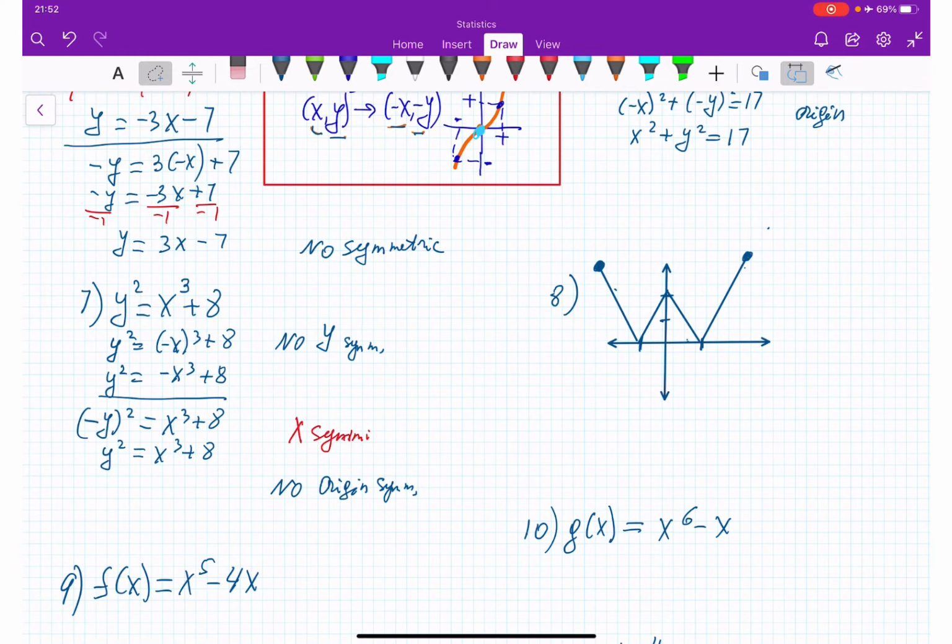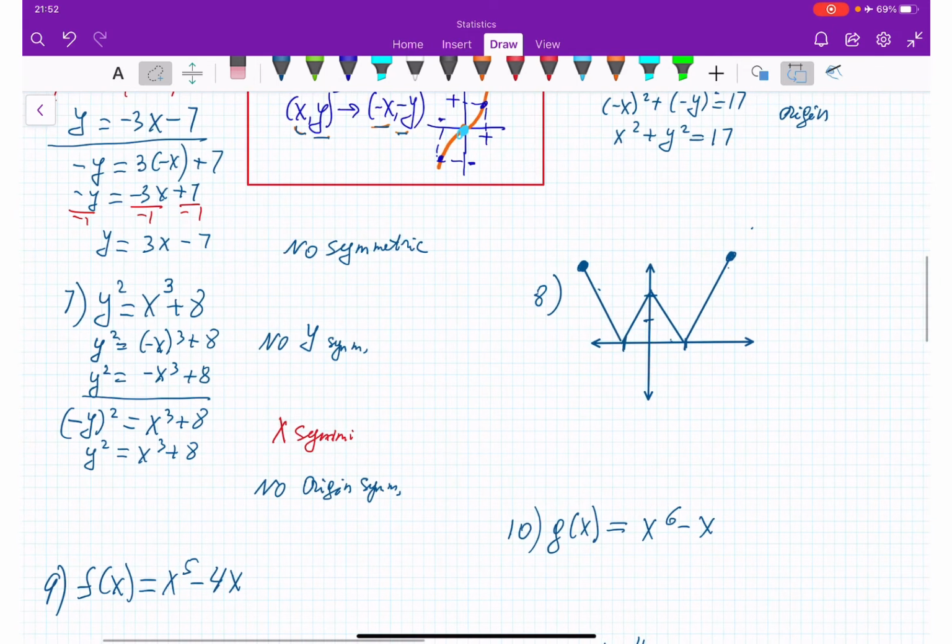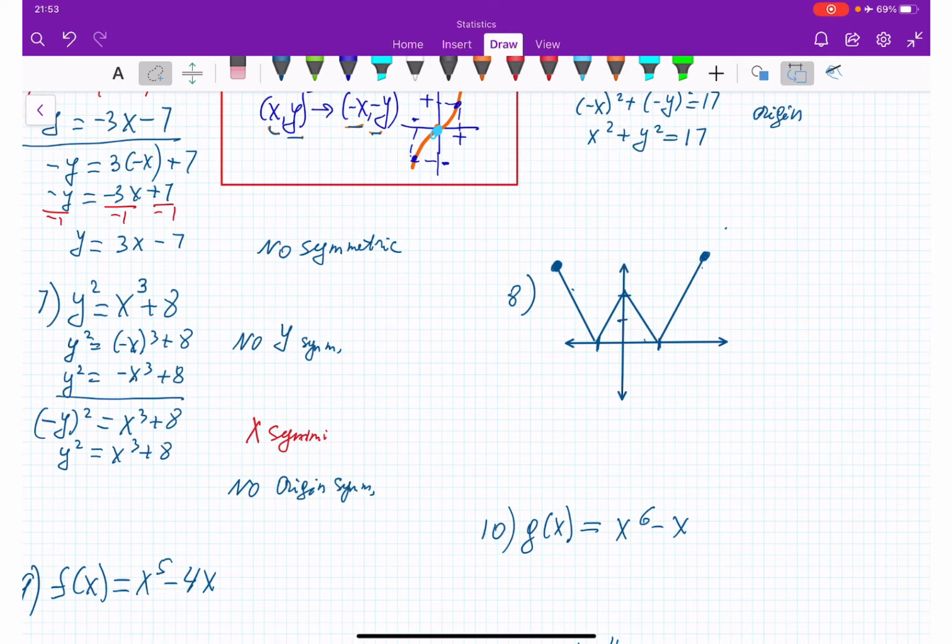So what you can say, is it symmetric to x or y? It is symmetric to y, correct? Okay, it's symmetric to the y-axis.